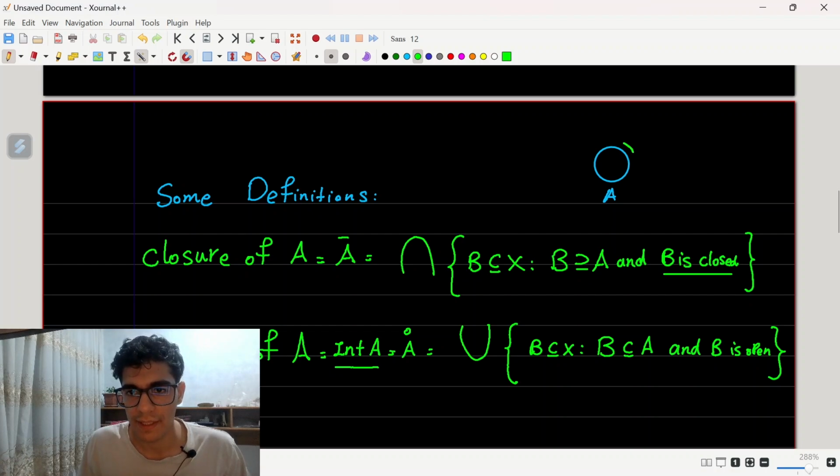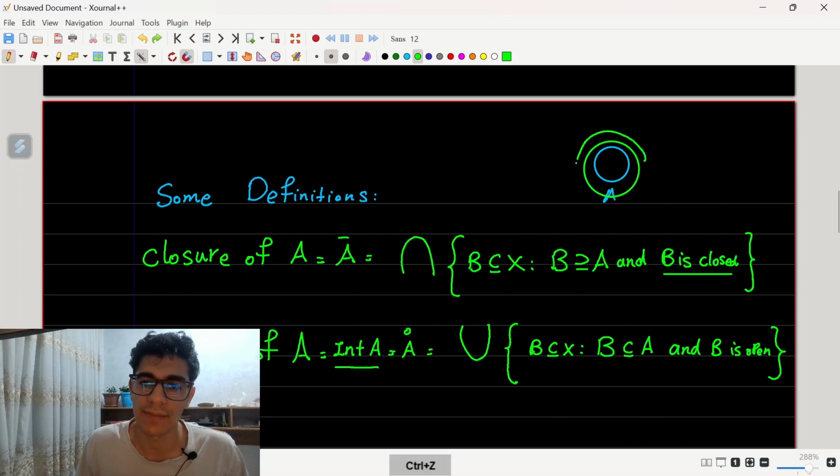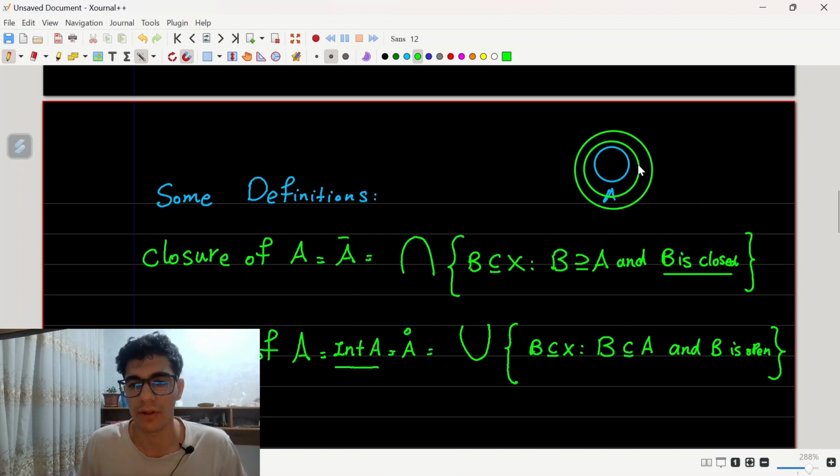If this is some B, and these are all closed subsets of X, then this is the intersection of all of them until it reaches A.